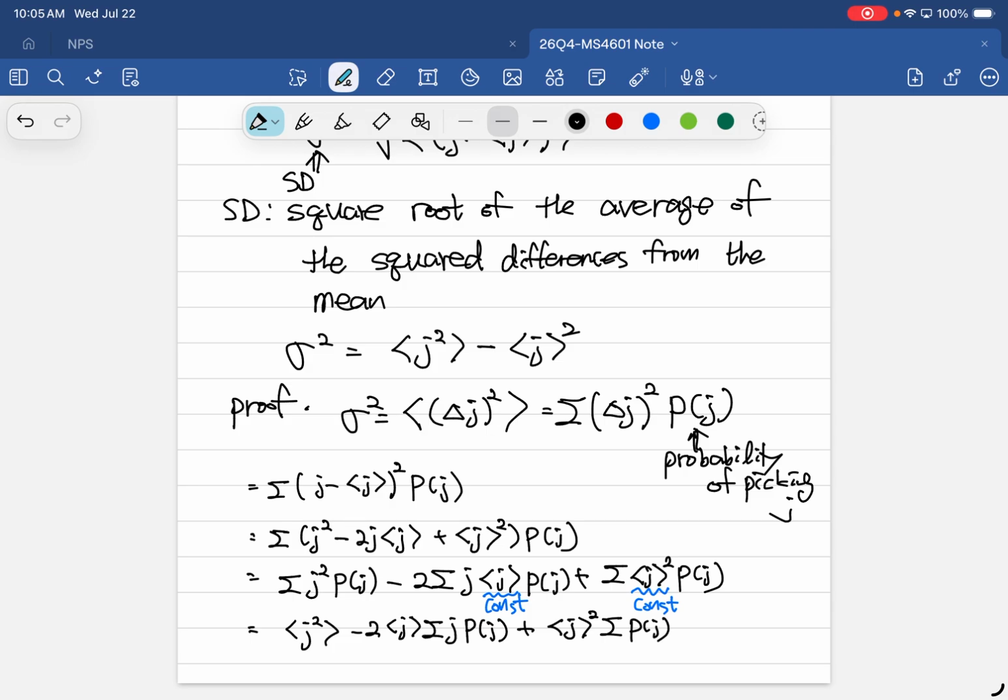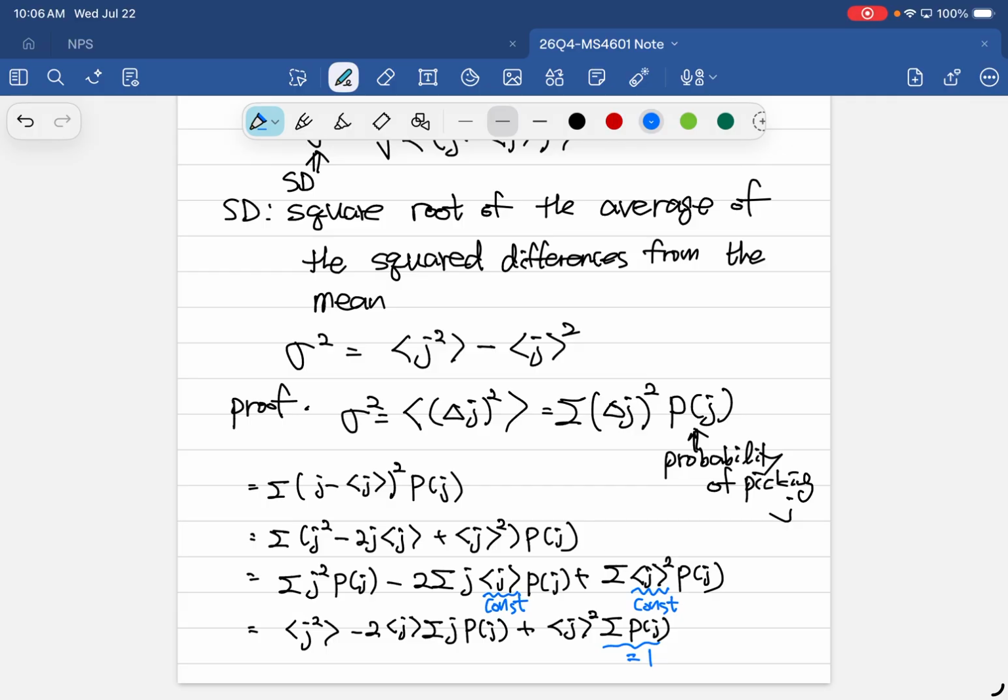So with this expression, what is this? Let's start with this one. If we are summing the probability of all the elements, it must be 1, right? Does it make sense? So in this case, this one must be 1. And then what about this one?